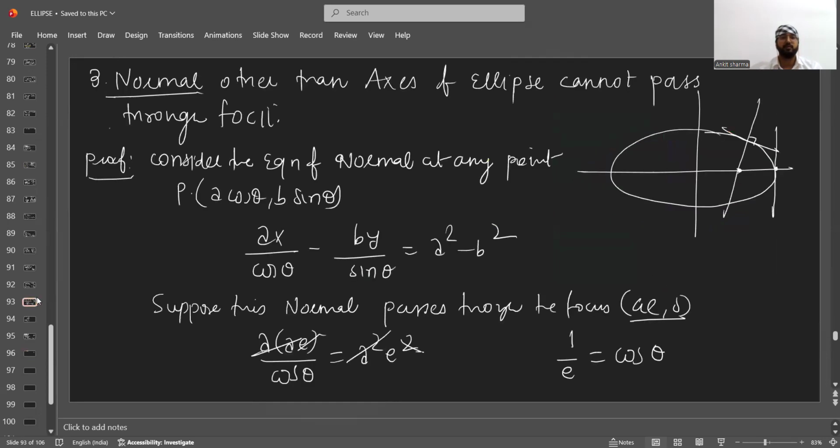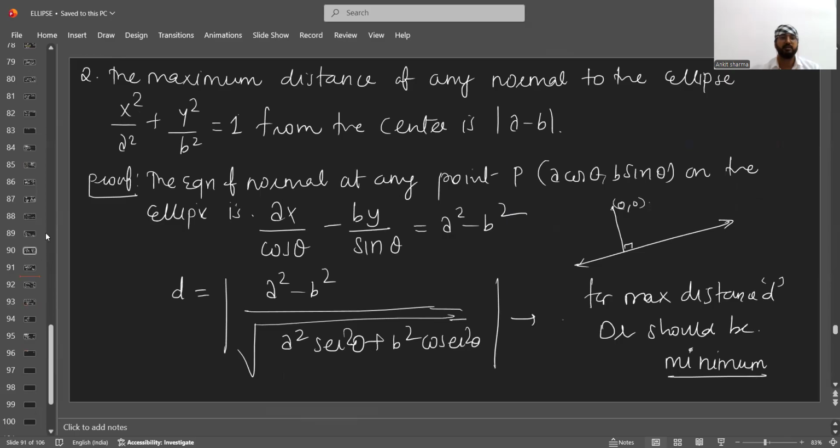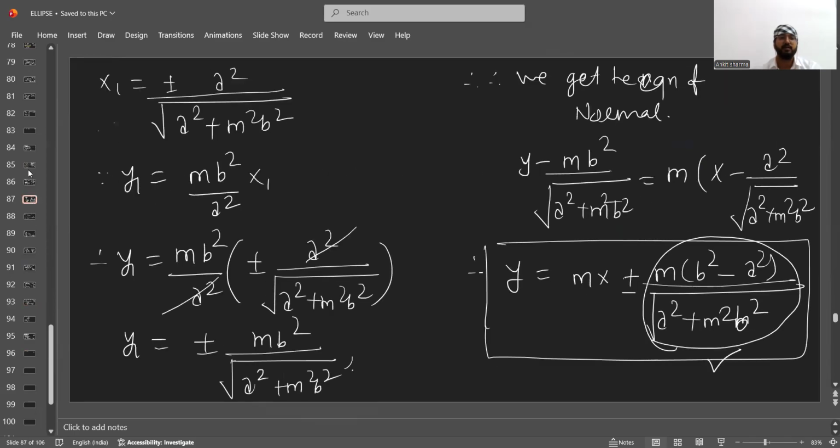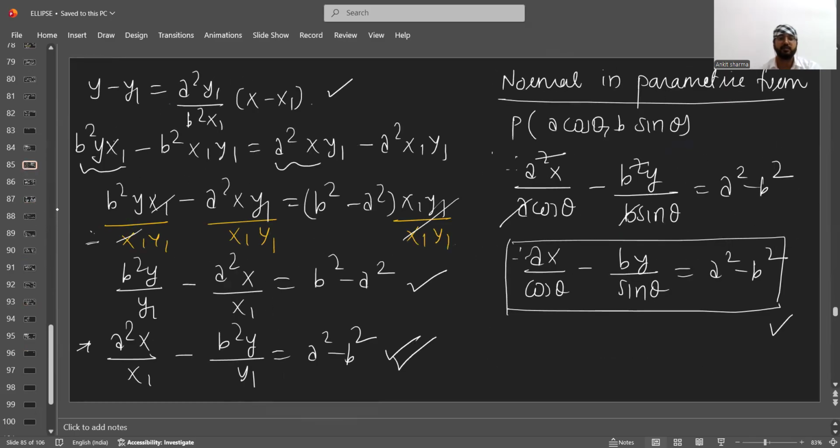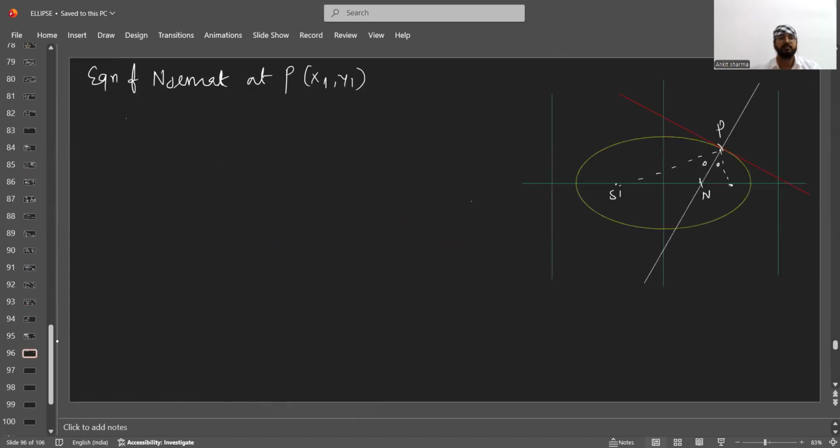We know the equation of the normal. We won't prove this using the parametric form; rather, we'll use the standard point form. So we use a²x/x1 − b²y/y1 = a² − b².